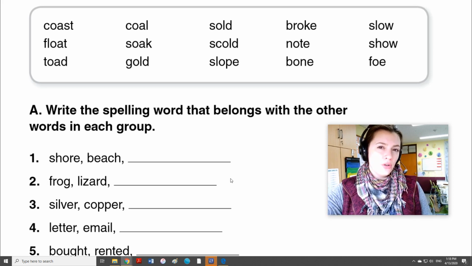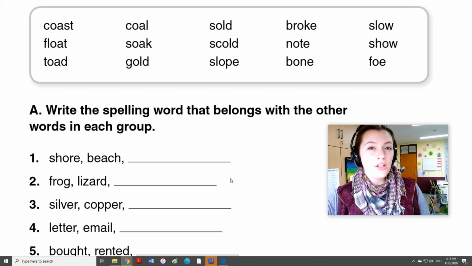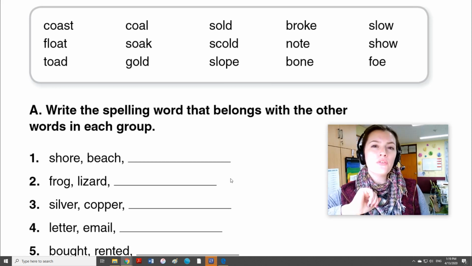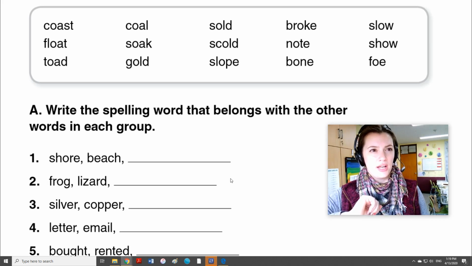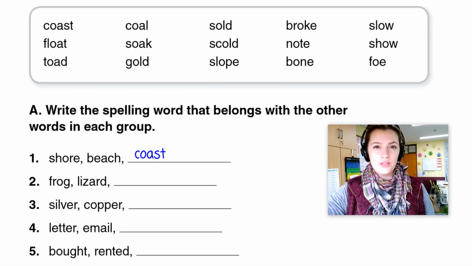I want to make sure that you know what each word means. So, if you want a challenge, you can pause your video now and do this by yourself, then come back to check. If you want to do it with me, that's okay too. Let's keep going. Number 1, shore, beach, coast.